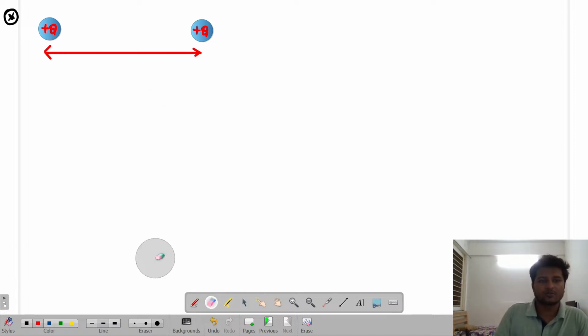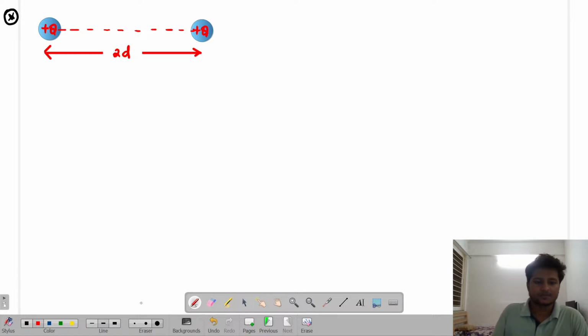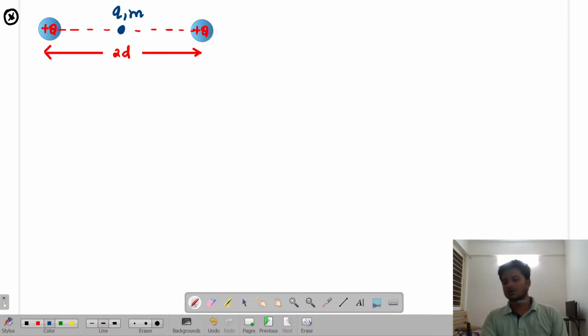The distance between them is exactly how much? Twice d. Okay. Now, along the line joining these two charges, I placed one very small pinpoint charge, a small cube, which has mass m also. Why or not?